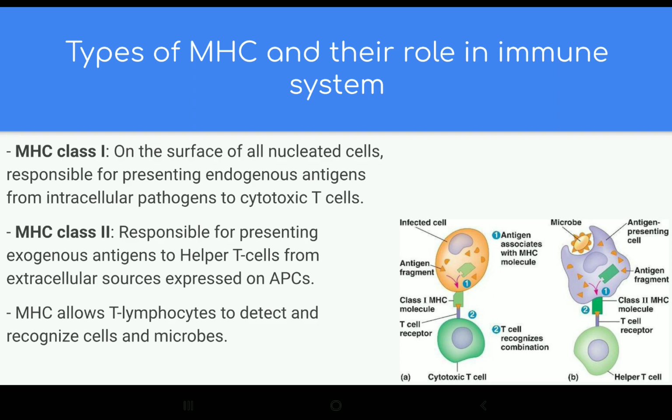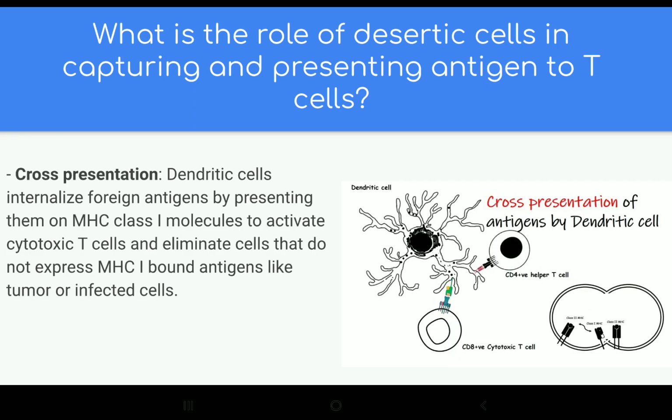Helper T cells are presented with exogenous antigens from extracellular sources by MHC class 2, expressed on professional antigen-presenting cells. Because of these MHC classes present antigens through different processing pathways, they are crucial in coordinating immune responses.